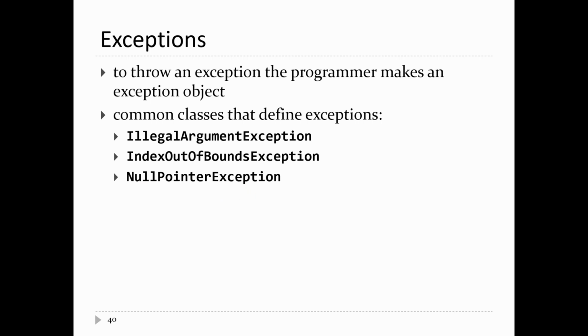If you try to use a reference that is null to call a method, you'll end up with a null pointer exception. Remember, null means no object. If you're trying to call a non-static method, you need an object. So if you use null to call a non-static method, you end up with a null pointer exception.